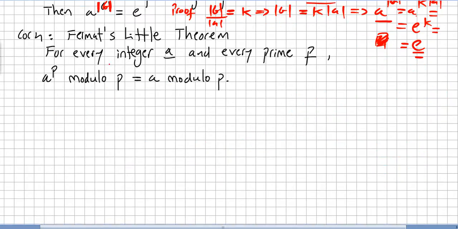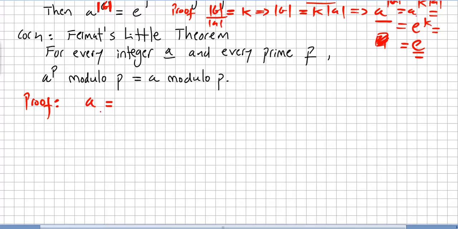Okay, last one. Fermat's, the so-called little theorem of Fermat. For every integer a and every prime p, a to the power of p modulo p equals a modulo p. Okay, the proof is relatively simple.